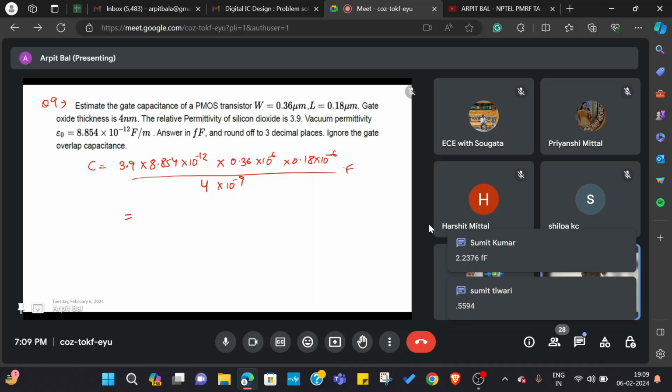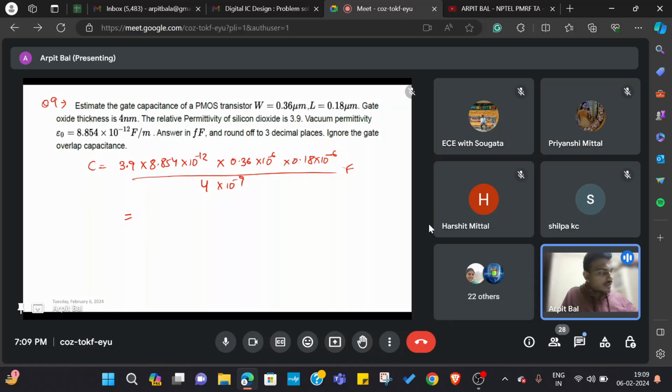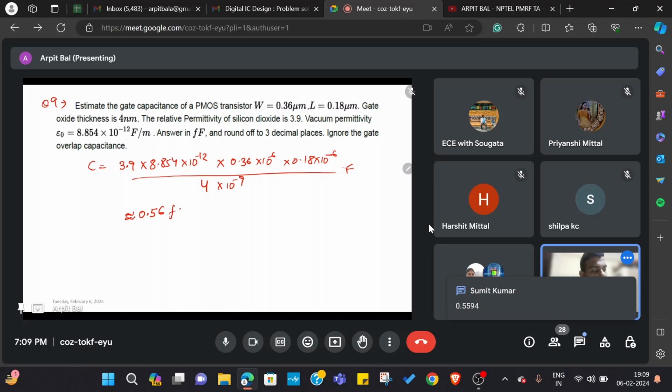Yeah, it comes out to be around 0.56 femtofarad.